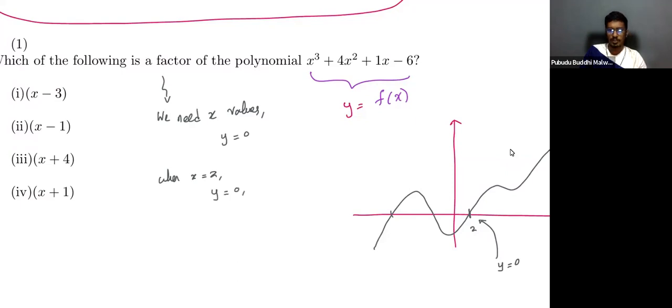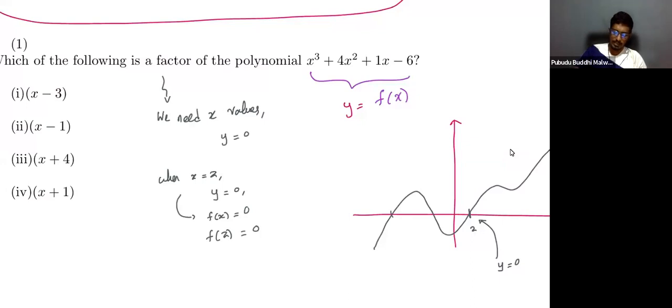y equals 0 is the same as f of x equals 0. So when x equals 2, f of x equals 0. In other words, f of 2 equals 0. How is that possible?